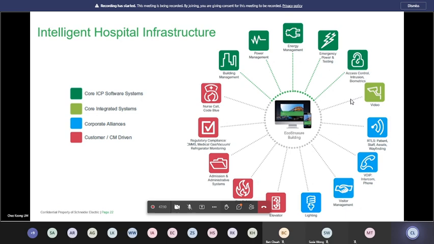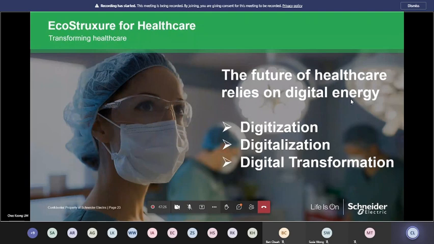They are intelligent in their own right. But in the context of intelligence, all of these systems need to be connected. In this area, Schneider Electric EcoStruxure is able to perform that role of connecting these systems together.